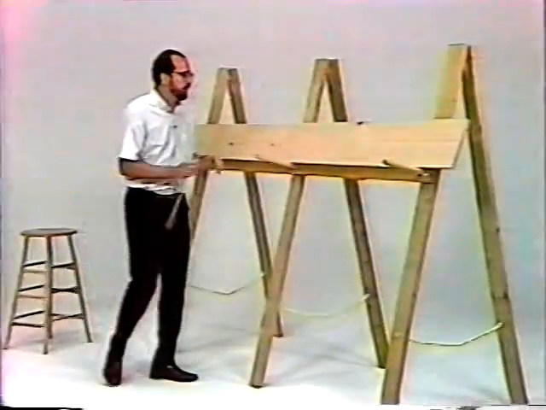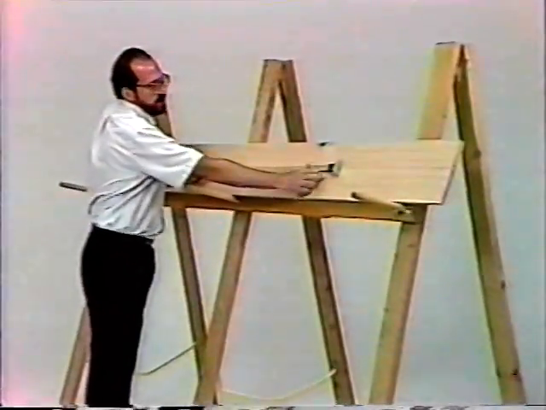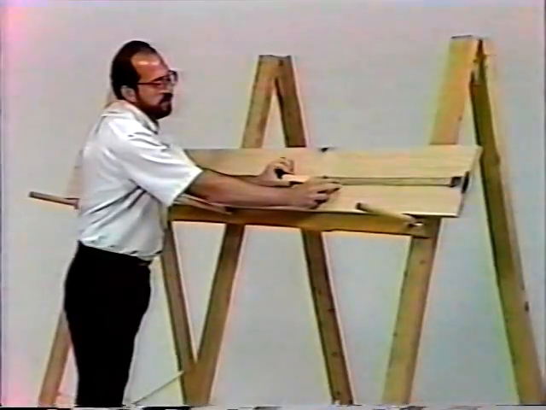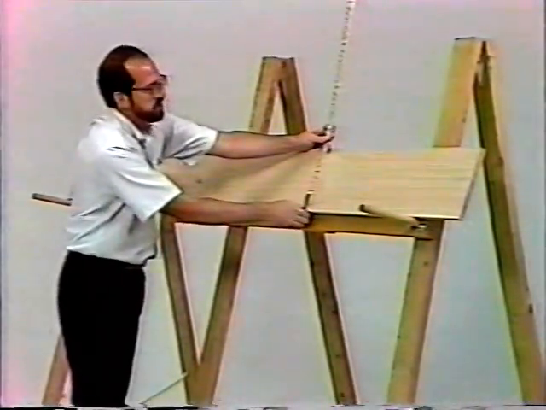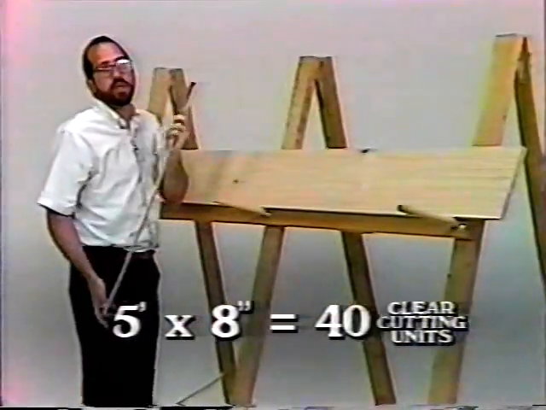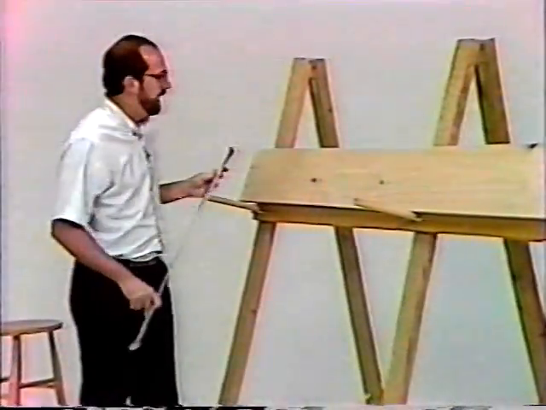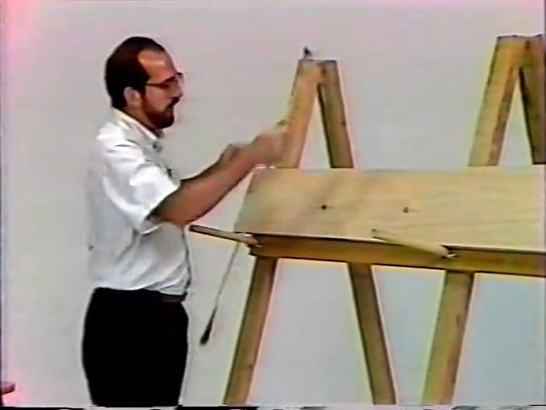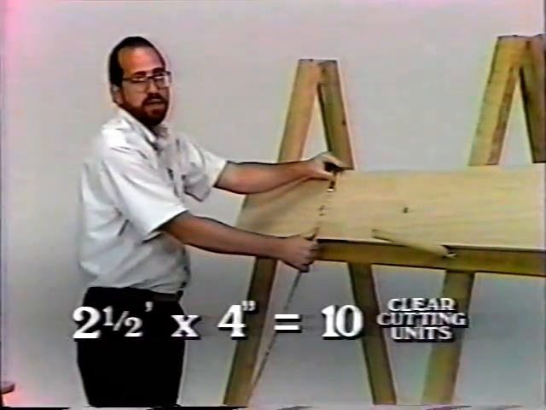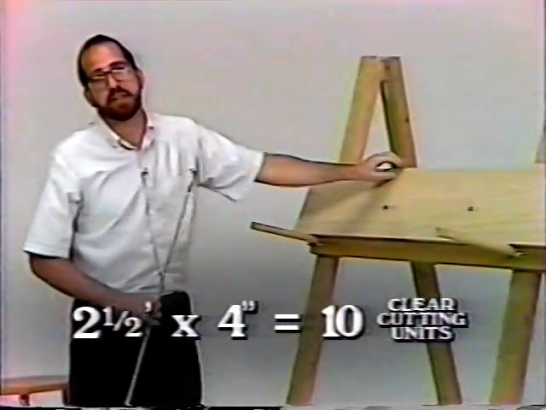The first cutting we measure on the board is 5-foot long by 8 inches in width, which gives us 40 cutting units. Our next cutting is 2.5 feet long by 4 inches wide, which gives us a total of 10 cutting units.